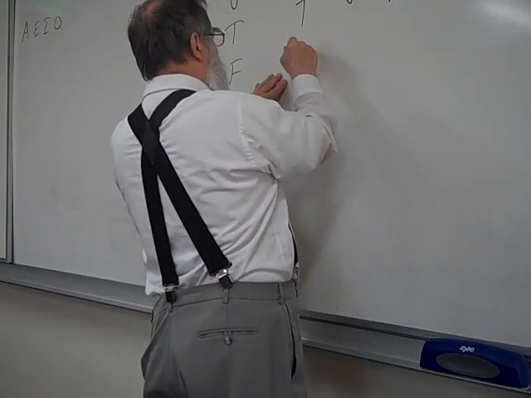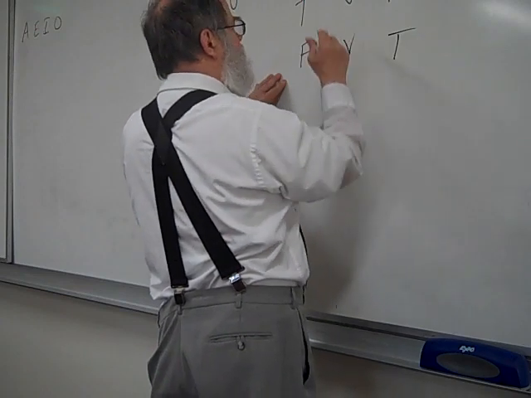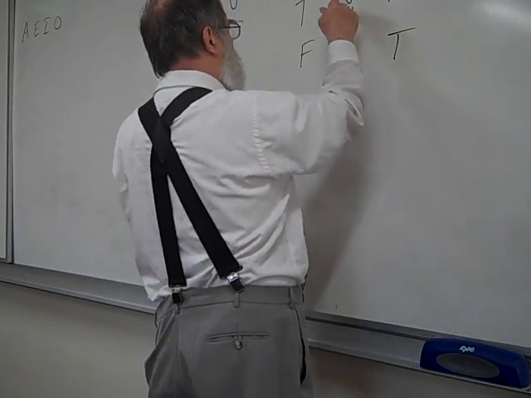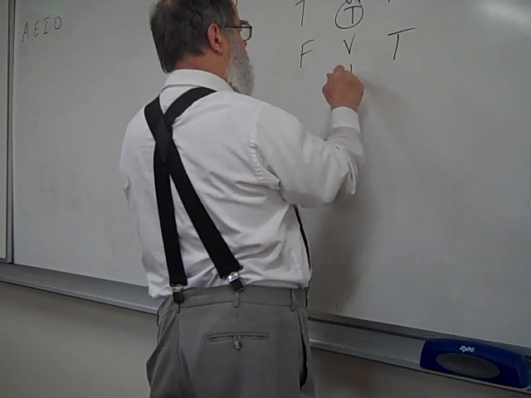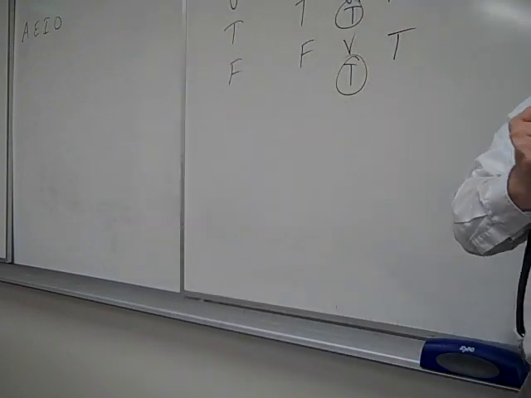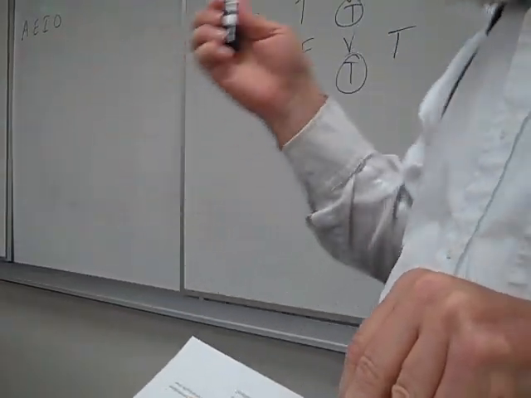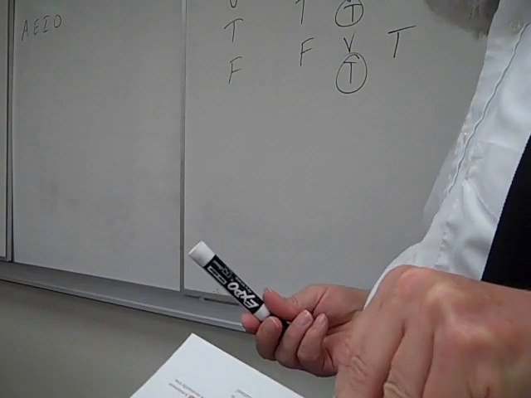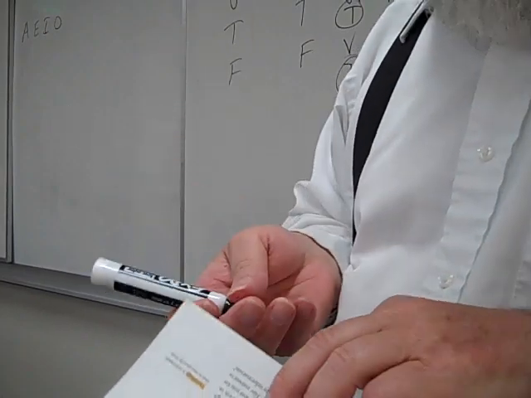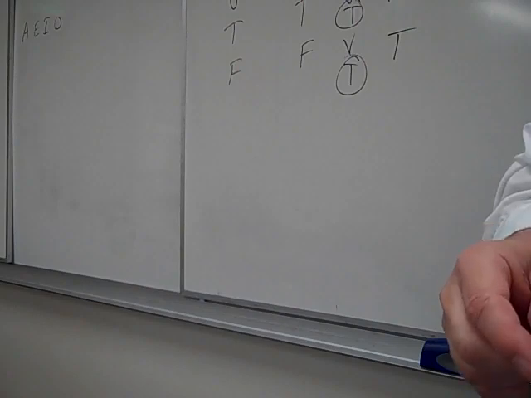In the case where P is false, not P is true. And so in this case, it's true, and in this case, it's true. So it's a tautology. The form of the statement, no matter what you put in for P, will always be true.